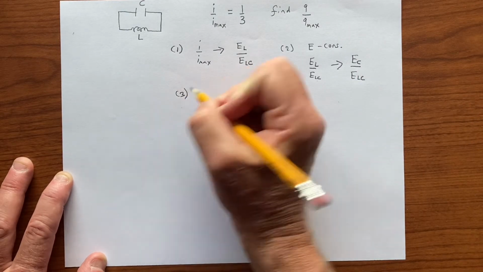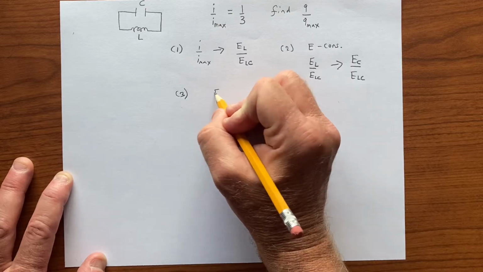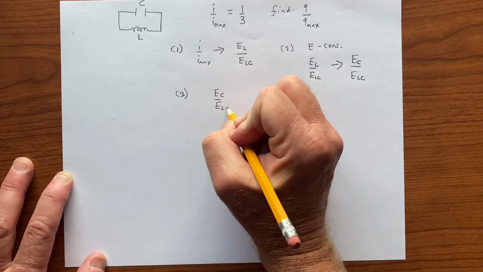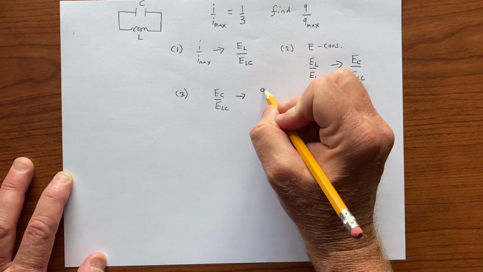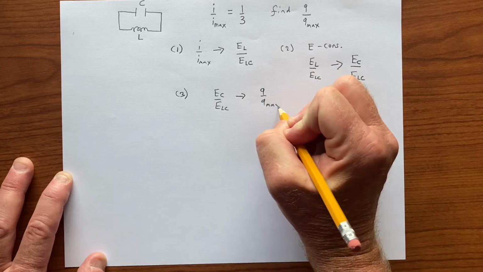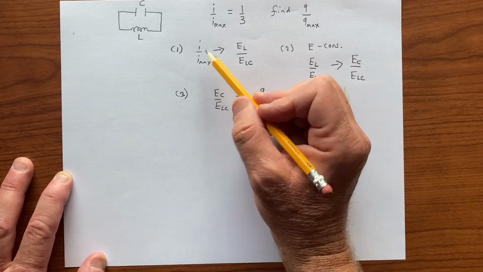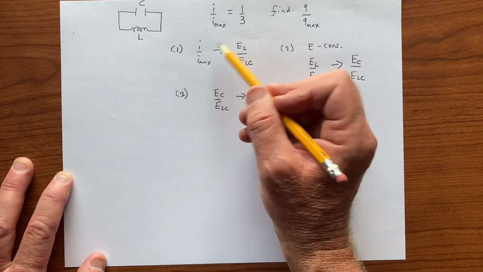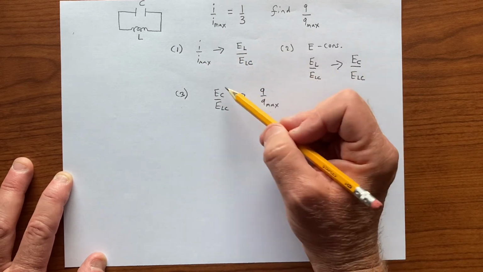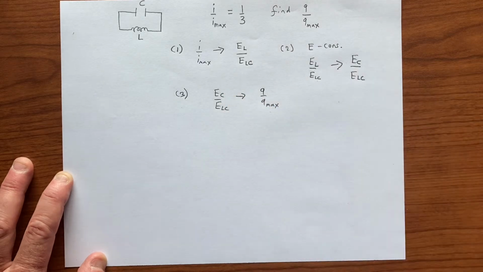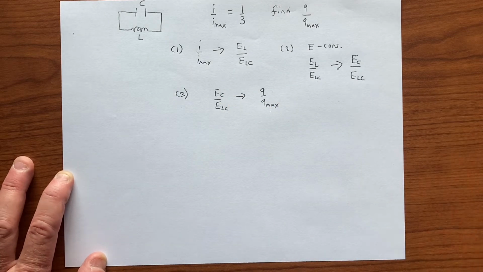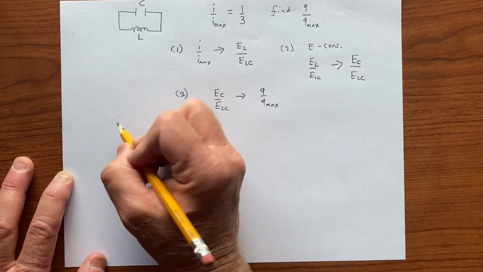And then we can go from EC over ELC to Q over Q max. It's sort of the opposite of what we did here, going from current ratio to energy ratios. We're going from energy ratio to charge ratio. So let's start with 1.